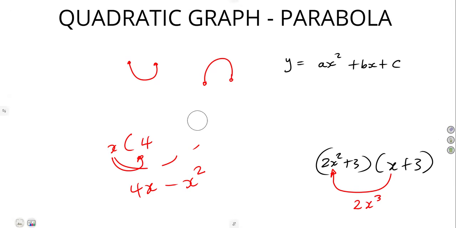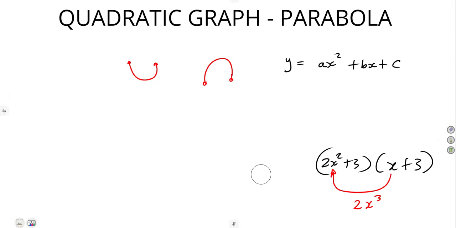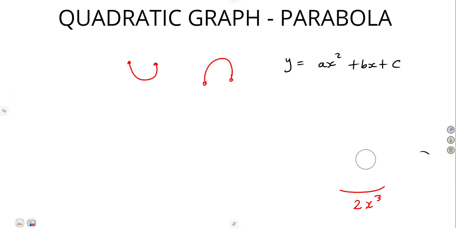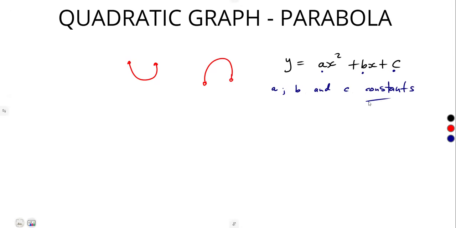So that is basically what you are going to consider of a quadratic or a parabola. From this, a, b, and c are constants. These are simply constants, whereas x and y are variables.